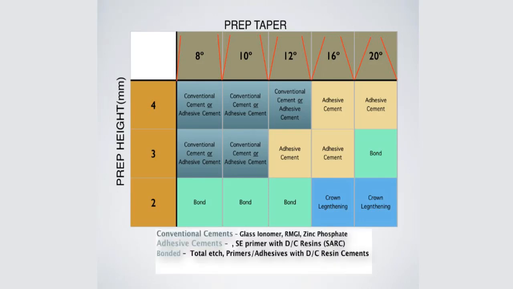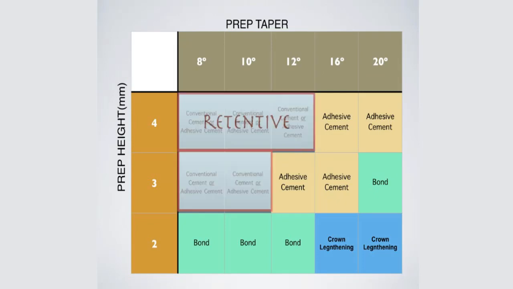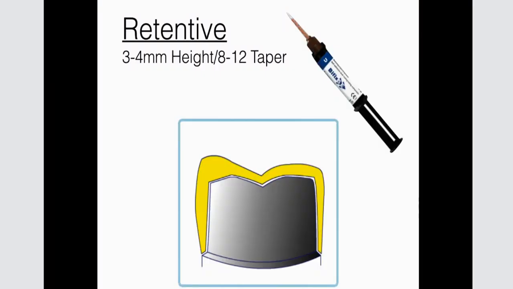I like to look at this chart because the less tapered a crown is, and the taller the crown is, conventional cement or adhesive cement, we can really depend on that. That would be what I call retentive, when it's tall and when it's not tapered very much.